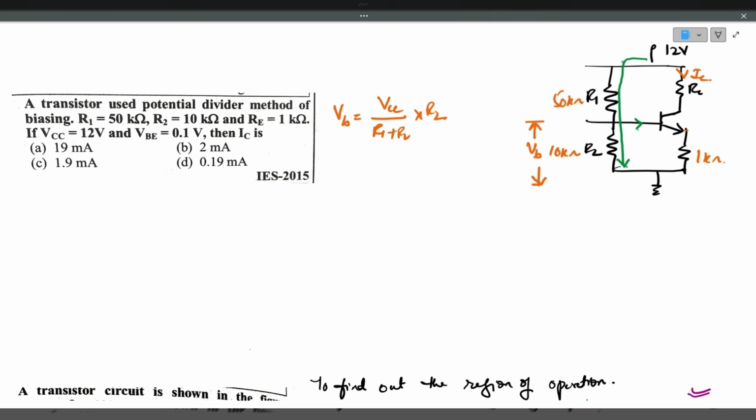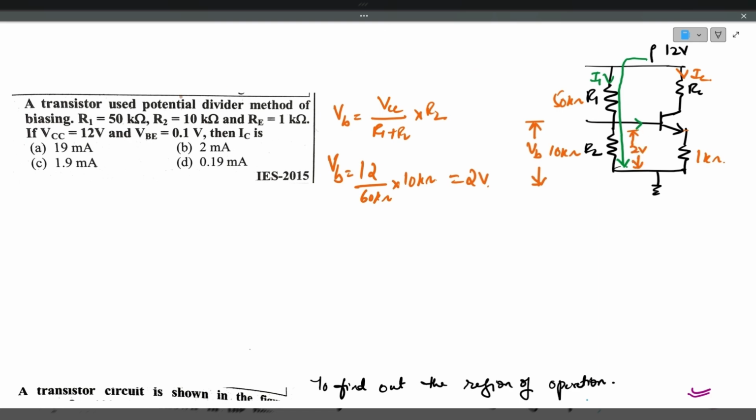So neglect that current and consider this current flow. Current I1 is flowing through R1 and R2. Now VB will be 12 divided by 60 kilo ohms multiplied by 10. So it comes to around 2 volts, right? So the voltage across this is 2 volts.